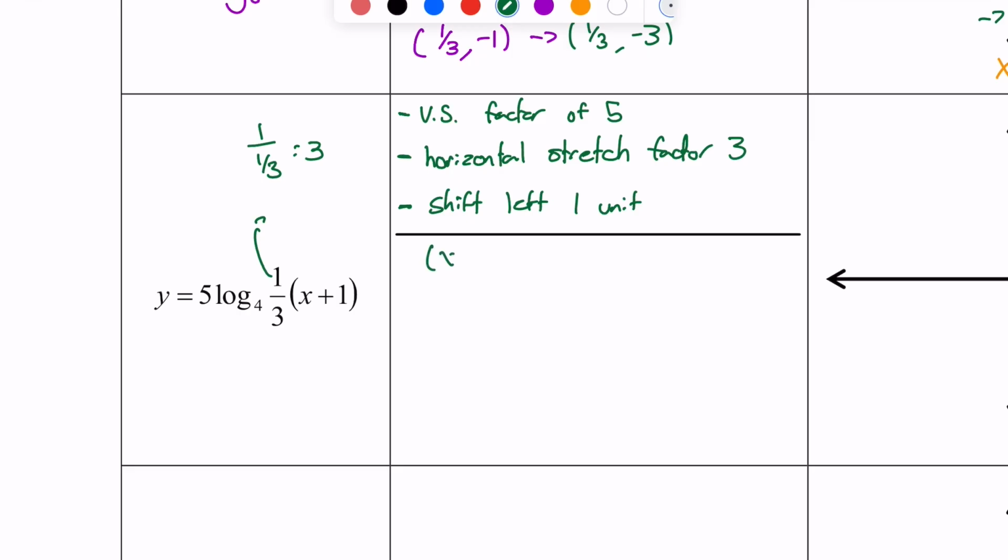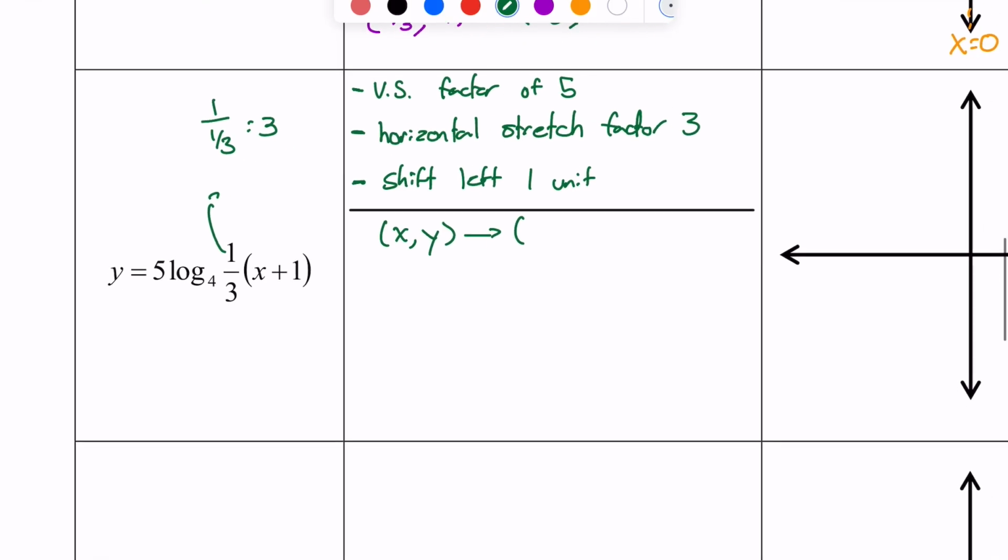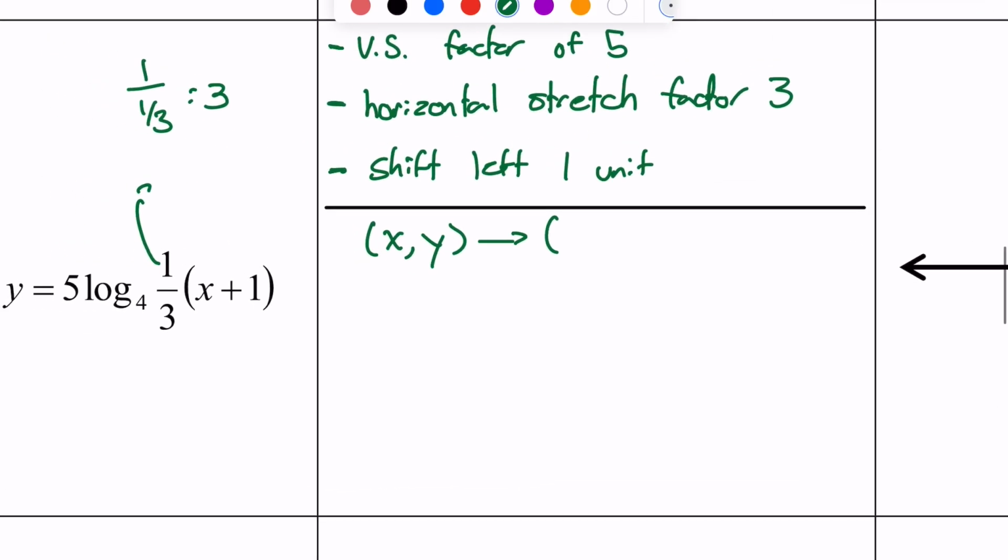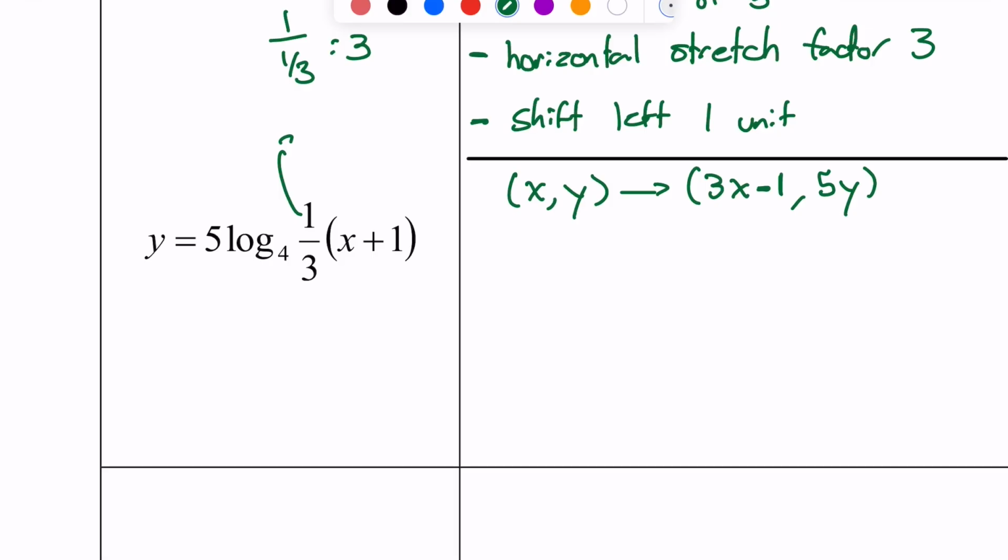So let's get x and y coordinates from our parent function, and then we will apply our transformations. The x's are going to be multiplied by 3 because we're stretching them by a factor of 3. And then we're going to shift them left, so we're going to subtract 1. And then your y's just get multiplied by 5. Okay, so let's get our points from our parent function.